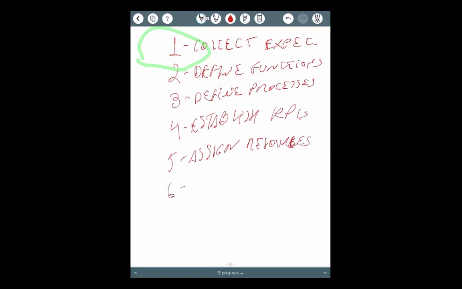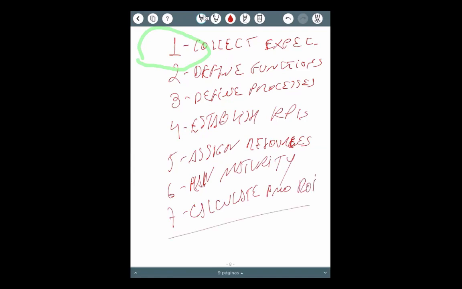Step number 6, we plan maturity. We assess and plan the evolution of the PMO. Step number 7, we calculate PMO ROI, return on investment.